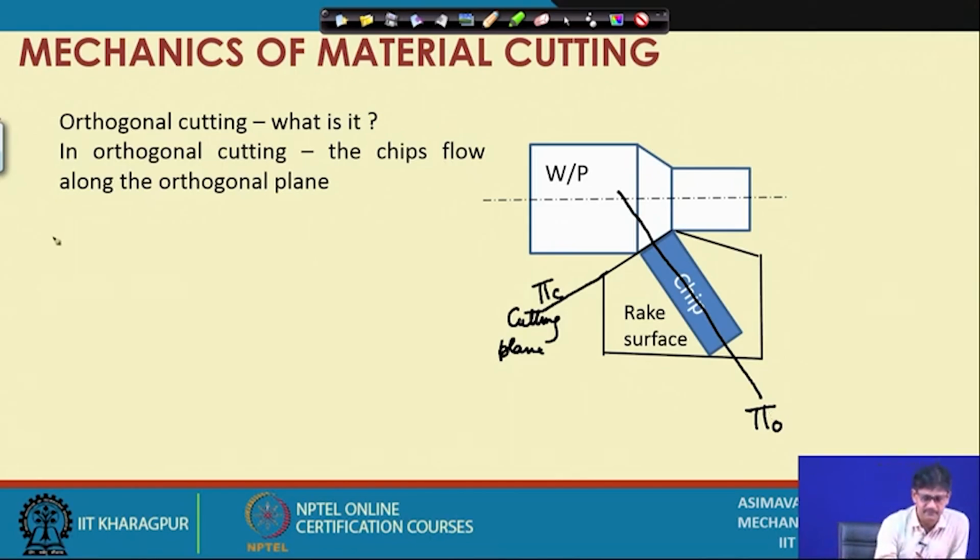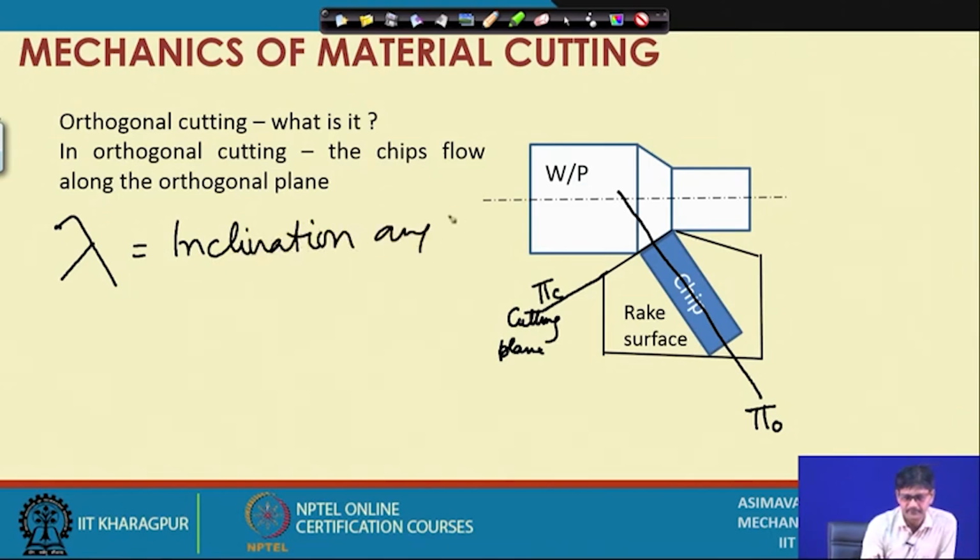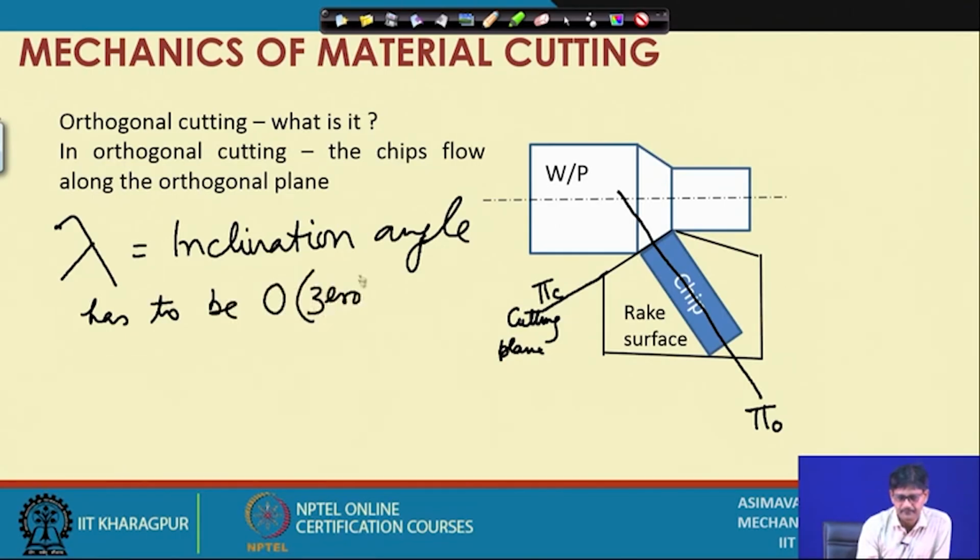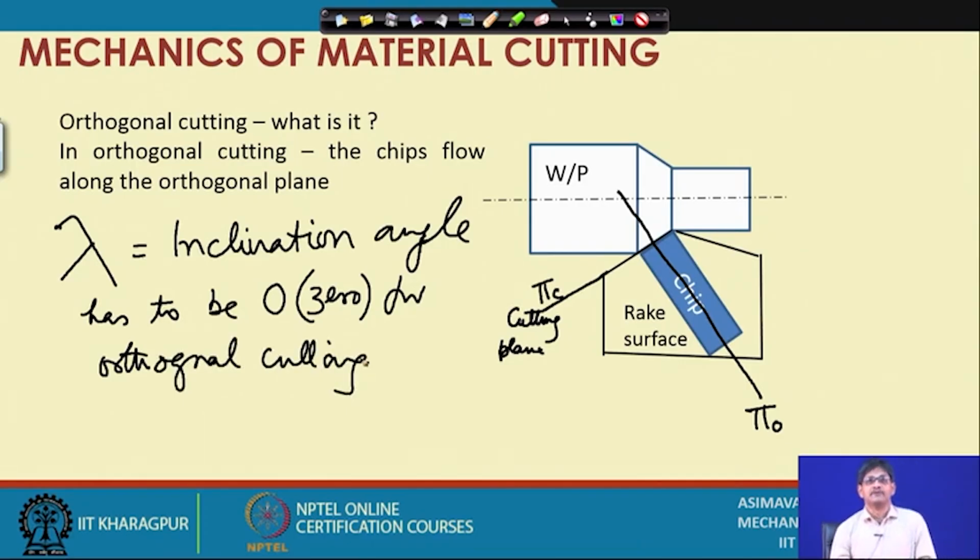So, let us write it down. Inclination angle means that if the cutting edge, as you can see here, there is the trace of the cutting edge as seen in the plan view.